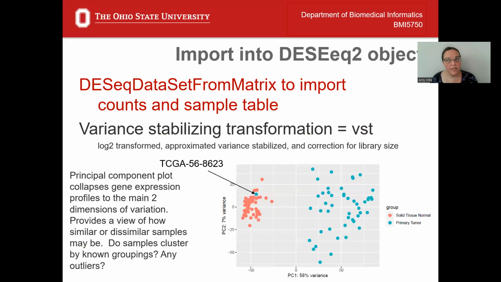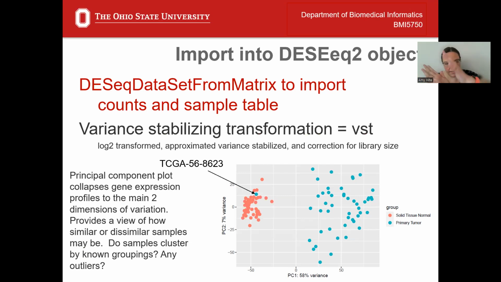This is a method of taking all of the dimensions of all of our genes and squishing it down to a two-dimensional view. And from this view, we are asking, how do our samples cluster together?